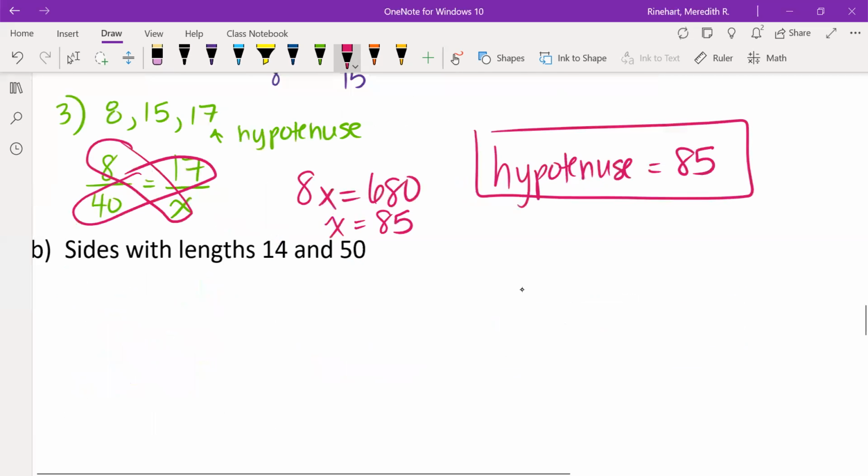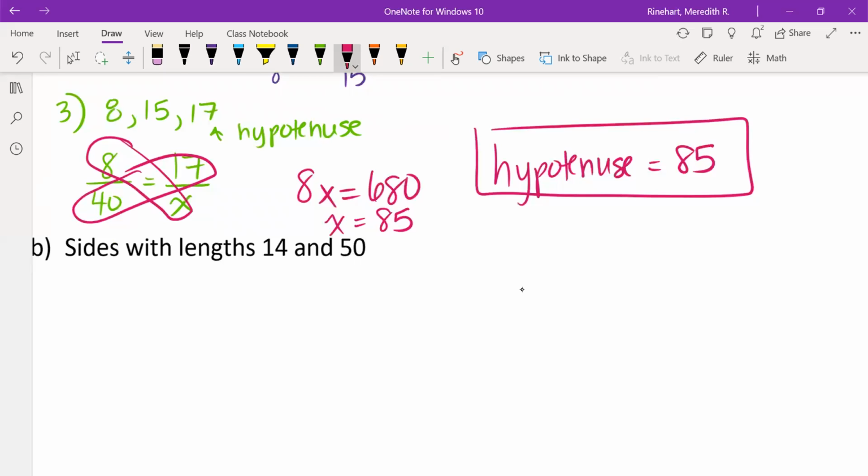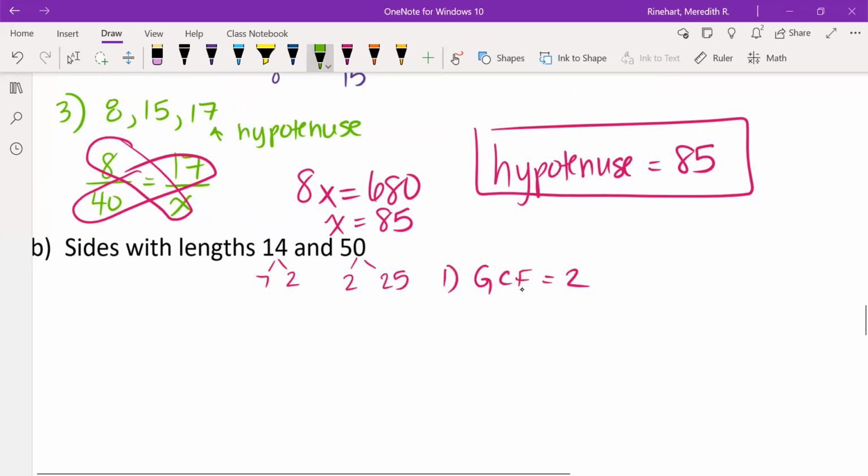We've got 14 and 50. So let's find our GCF of the two. Things that multiply into 14 are 7 and 2. For 50, let's stick with 2 because 7 doesn't go in, 2 and 25. So our GCF here is 2. So let's go ahead and divide by our GCF.